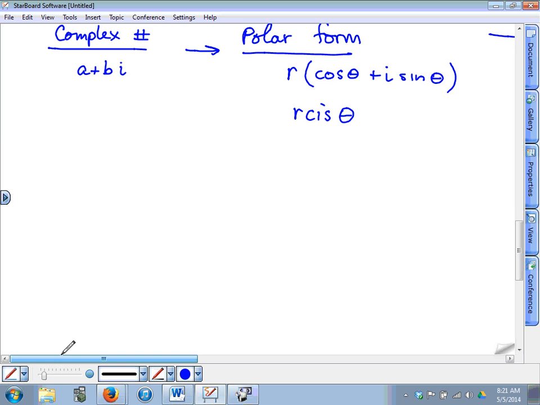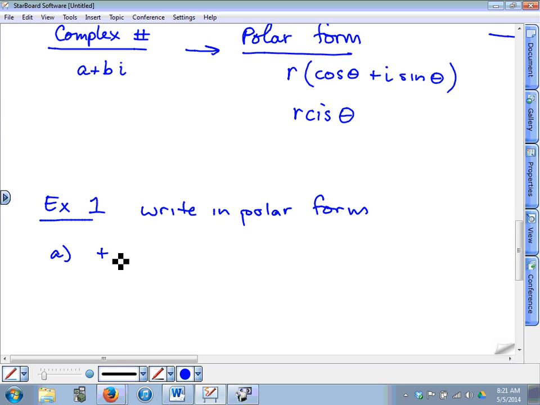So let's practice. Example 1. Write in polar form. Here's part A, 1 plus i. That's a complex number in standard form.